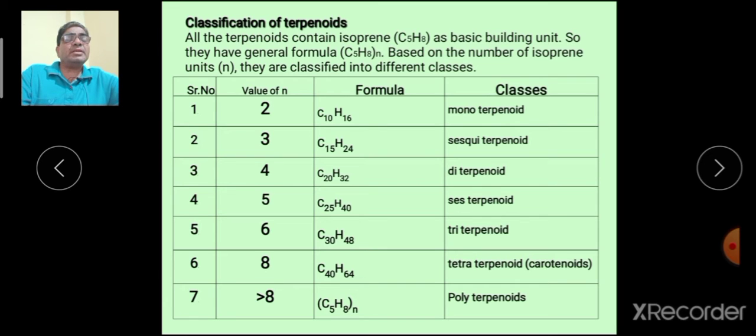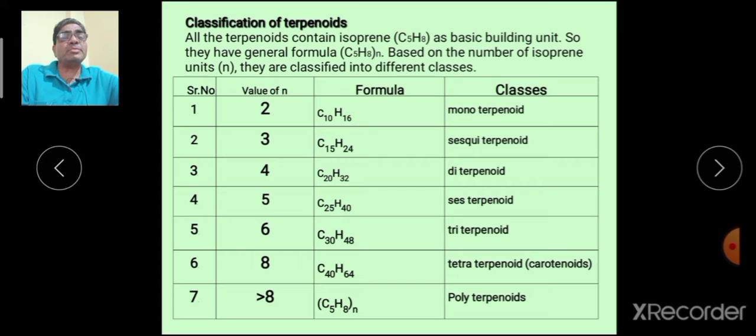When two isoprene units are present, the formula becomes C10H16, and the name of the class is monoterpenoid. When three isoprene units are there, it is a sesquiterpenoid.